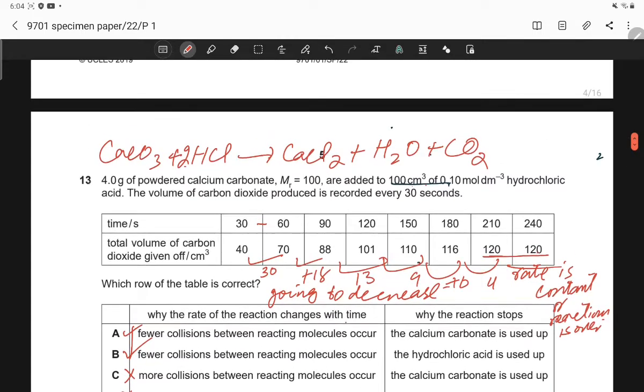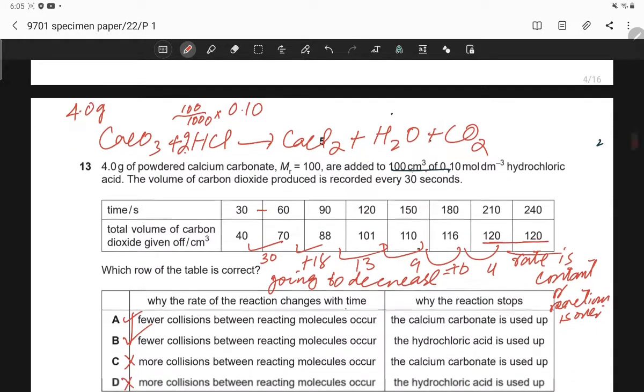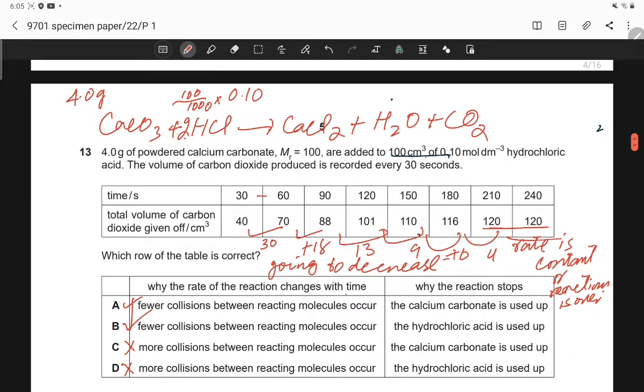The mass is 4 gram of calcium carbonate and 100 centimeter cube divided by 1000. So first find out mole: 4 gram divided by Mr of calcium carbonate, which is 100.